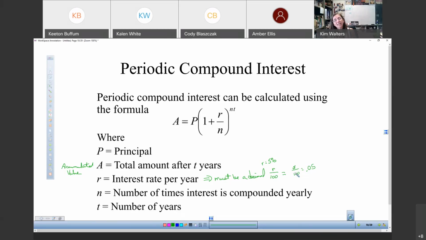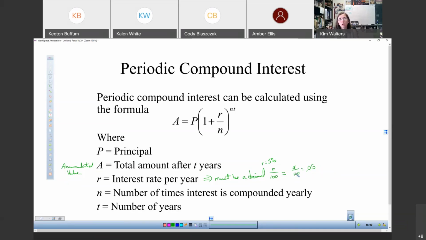After a particular time period, that interest is added back to what you started with. And so then the next time the interest is calculated, it's calculated on the new amount, the principal plus the interest. So each time your interest is calculated, it's calculated on a larger sum of money. Therefore, you end up with more money at the end. The N is how many times that happens every year.